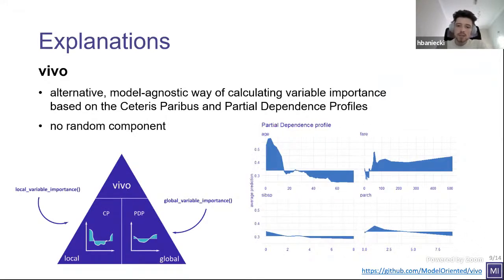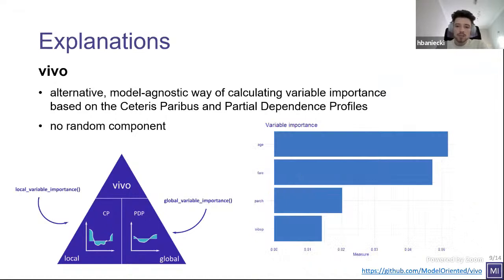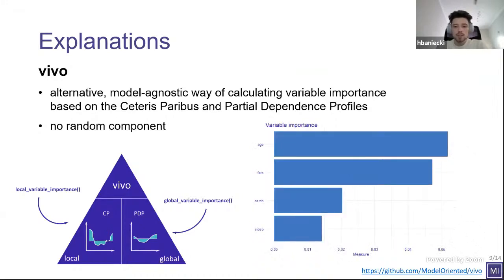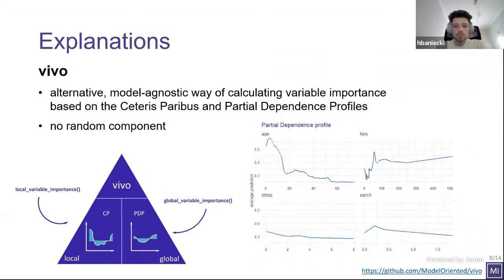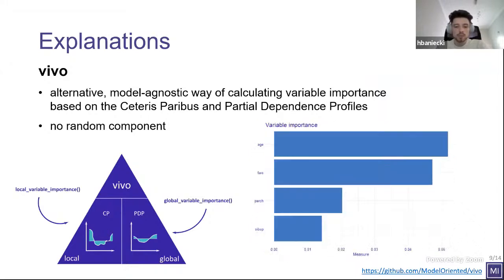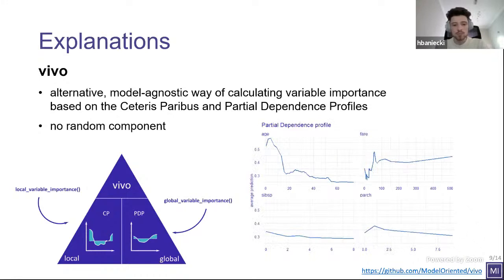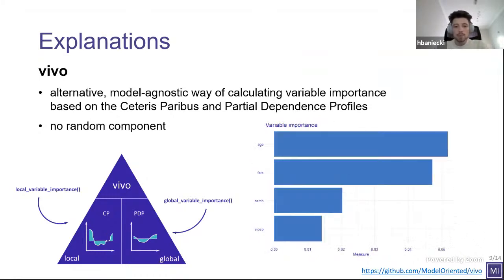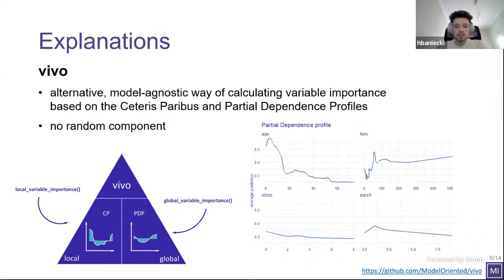So the main idea is to measure the change rate in the profile, because intuitively speaking, the larger the influence of an explanatory variable on prediction, the larger the deviation along the profile. So if the profile is flat or close to flat, we can argue that it's not an important variable.